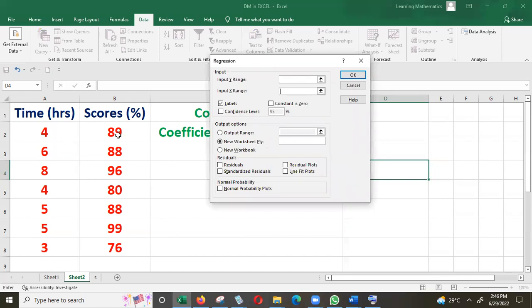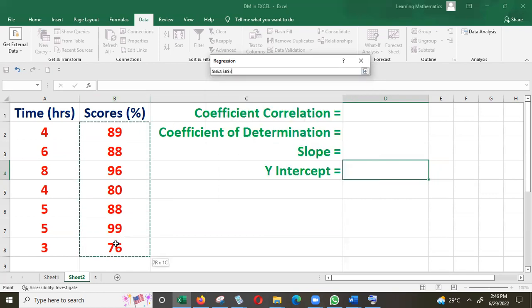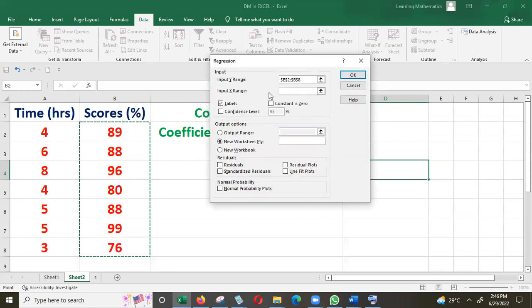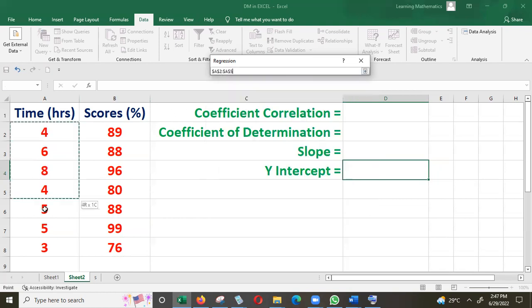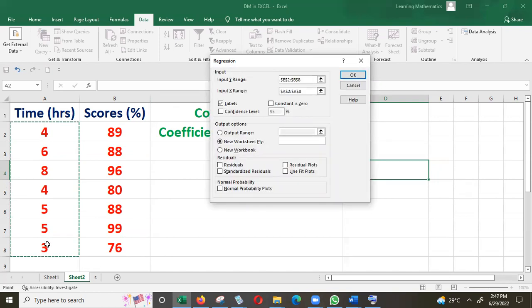So we click on the Input Y Range to indicate to Excel the range from B2 to B8. That's your Y range, your dependent variable. And X, the independent variable, will be time, from A2 dragged down to A8. And we did not include the labels.